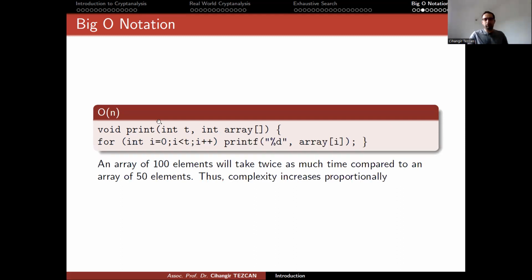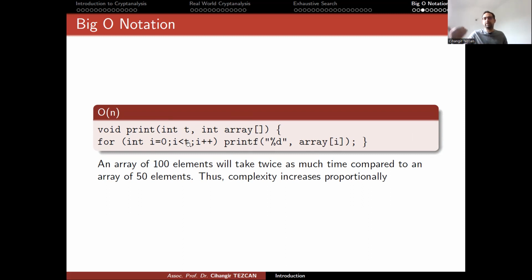Now let's look at polynomial time. My input to the function is the same: an array of integer values, and I also input an integer t. But this time, instead of printing the t-th value in the array, I am printing every value starting from 0 to t.